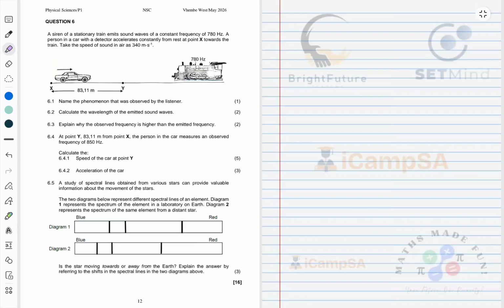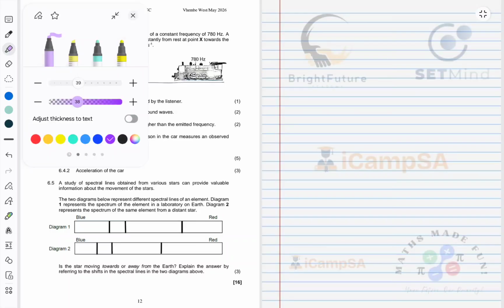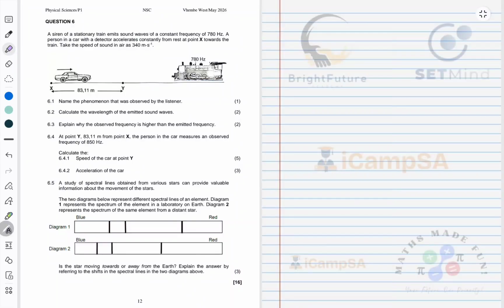That's our frequency of the sound wave, emitted by the stationary train. Our stationary source is the train. A person in a car with a detector accelerates constantly. There's constant acceleration here, from rest. So Vi is 0.